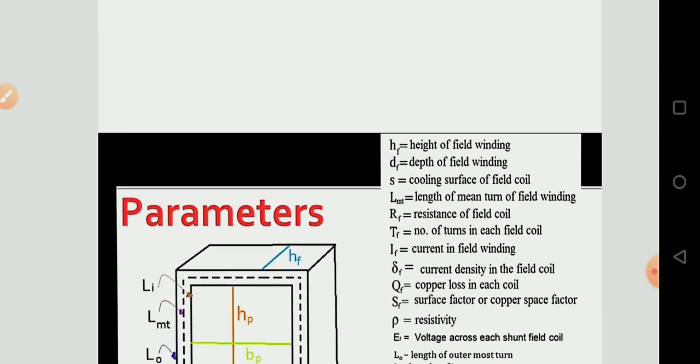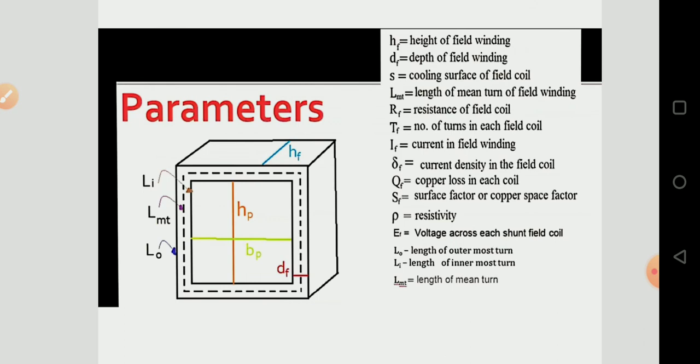Shunt field design. Here we have some parameters for the shunt field design.